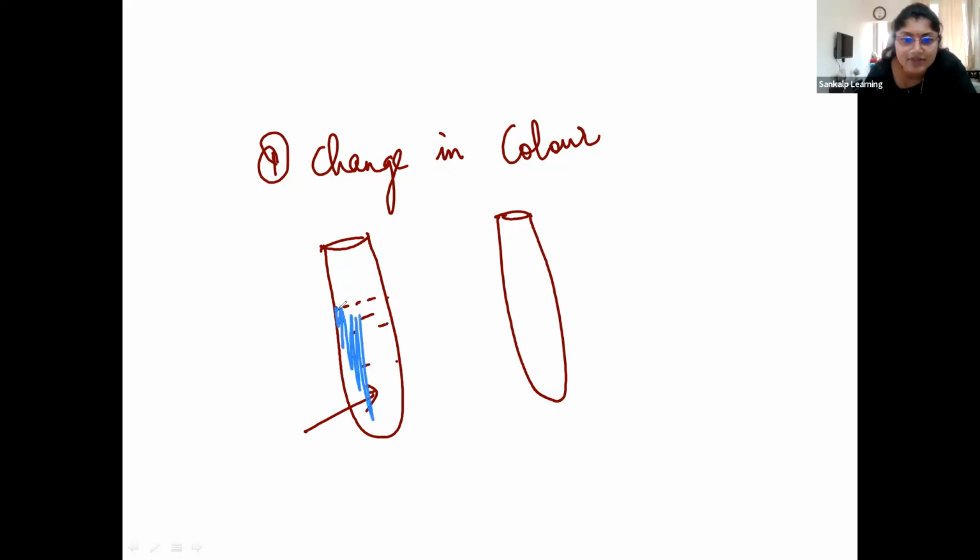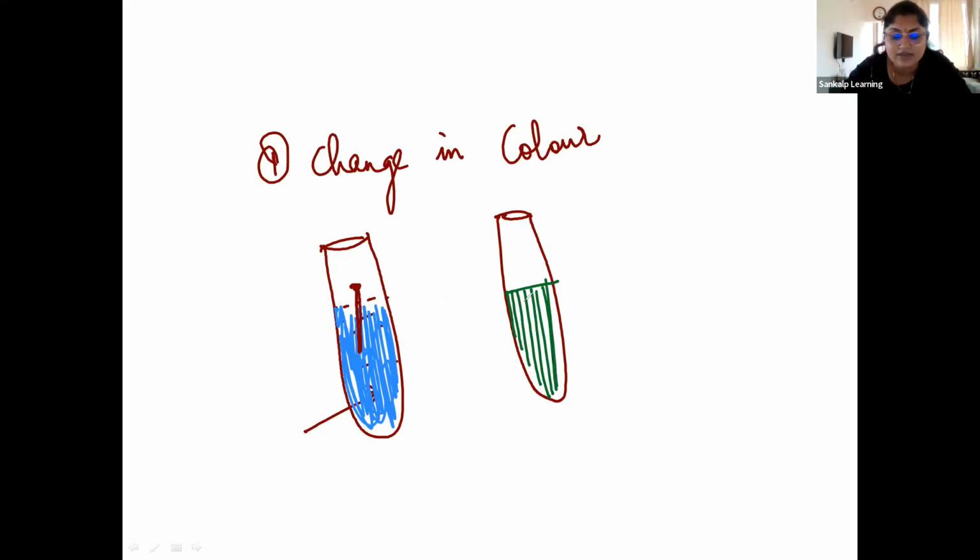You take this copper sulfate solution in one beaker, and in this you add an iron nail. The iron nail should be immersed in this blue copper sulfate solution. What will happen? The solution will turn green.